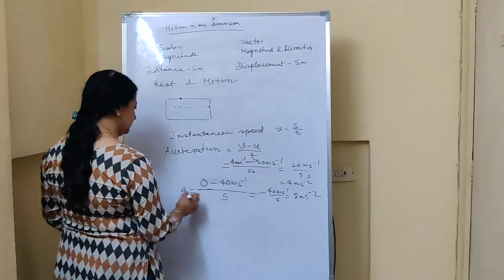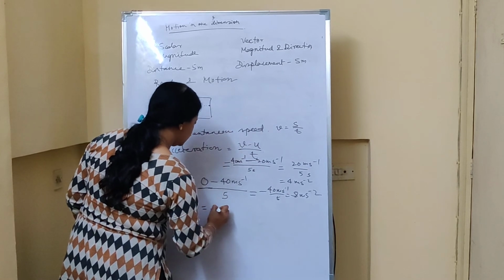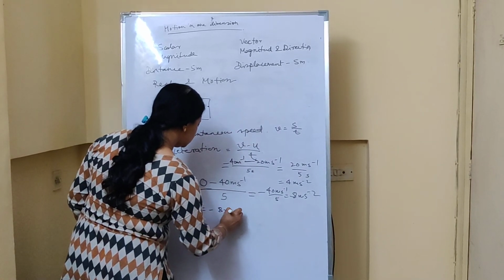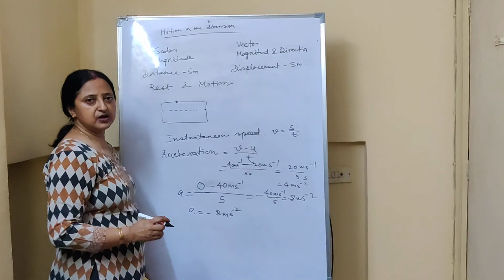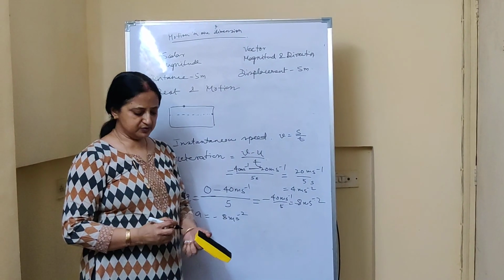Here you get the negative value, minus 8, that is retardation. Okay, so these are the basic definitions for speed, velocity, distance, displacement and acceleration. This all you have to learn.